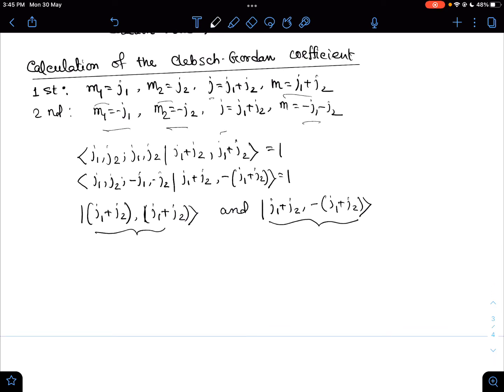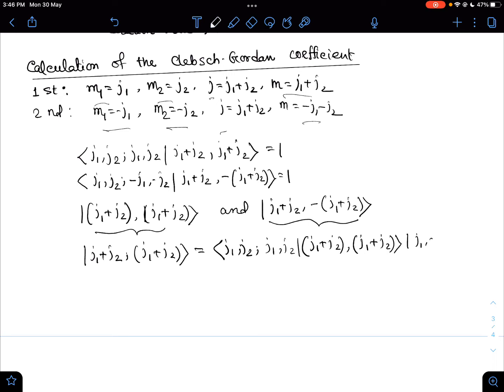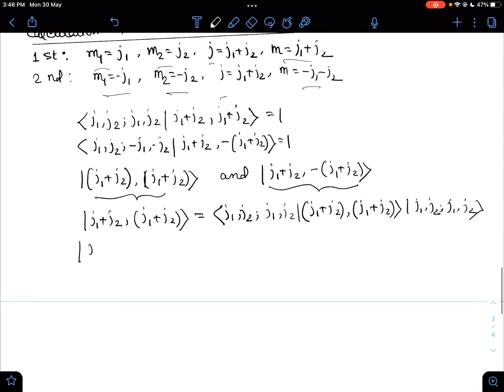So that is why we can write |J1 plus J2, J1 plus J2> to be |J1, J2, J1, J2>, and similarly |J1 plus J2, minus (J1 plus J2)> must be equal to |J1, J2, minus J1, minus J2>.